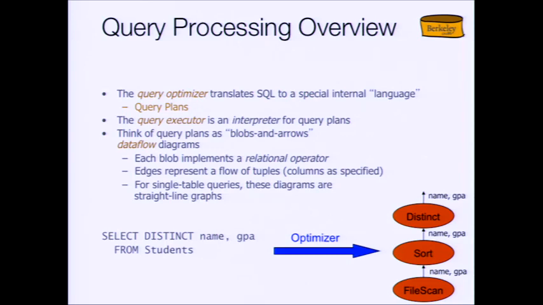It's that algorithm that takes a whole set of tuples, streams them into an input buffer, and starts sorting blocks of them and then putting them off into side files. So the left-hand side of that sorting picture is now this flow of data from the file scan. So you just kind of wire that sorting picture into this file scan's output. And then the output of the sort, which again will just be names and GPAs, is going to be passed into a distinct operator. This operator's job is to see if it sees two tuples in a row that are exactly the same, it throws one of them out.